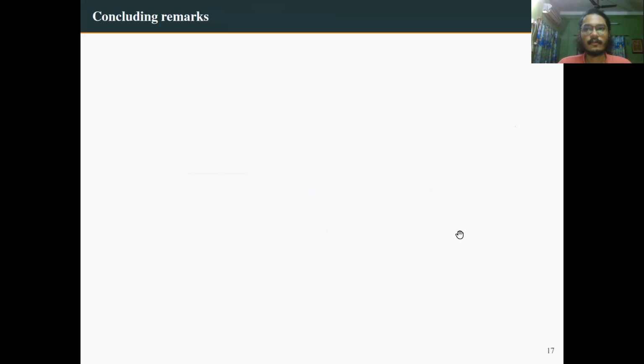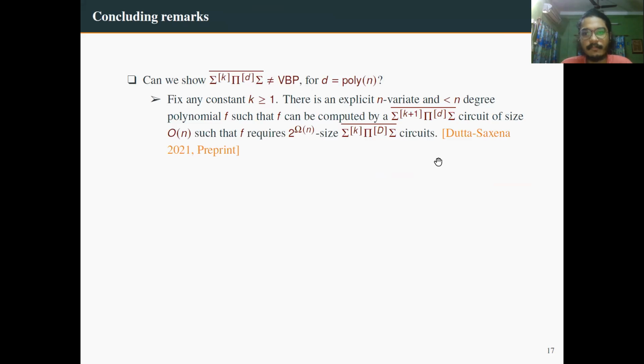So I'll conclude with these remarks, some open questions. We showed that this border class is contained in VVP. Now can we separate them? Very recently, I with Saxena proved that in fact we can, and that we can actually show an exponential hierarchy.